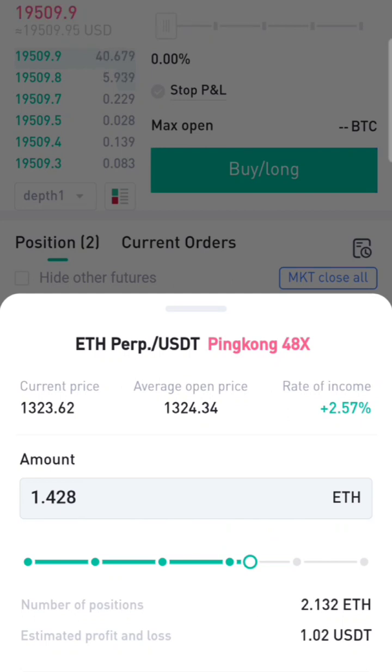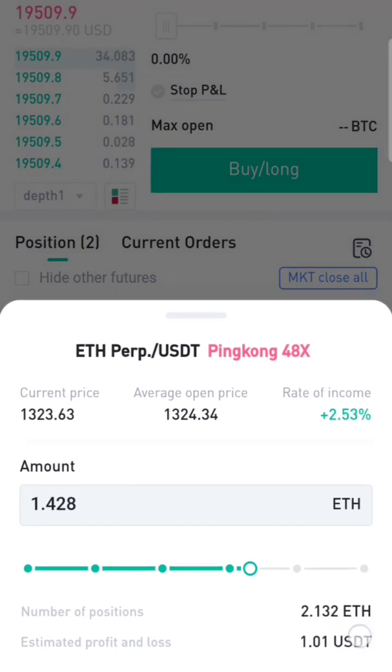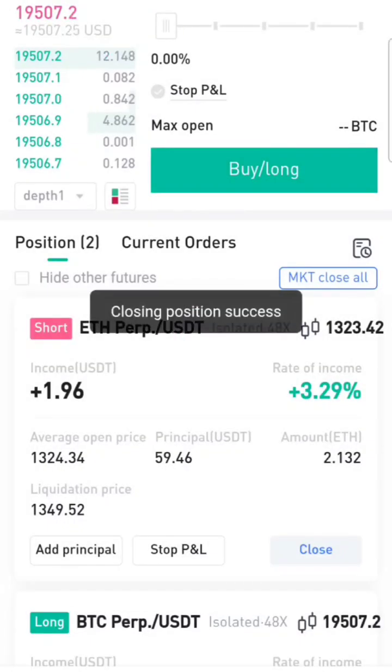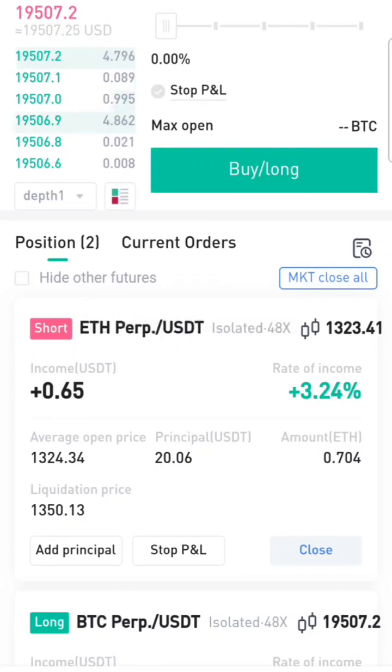I want you to be looking at this below here that says USDT. Now I'm going to take $1 out of this trade. This is profit I've made, and I'm going to remove it. When I click here, you see this thing changes, and I have taken $1.